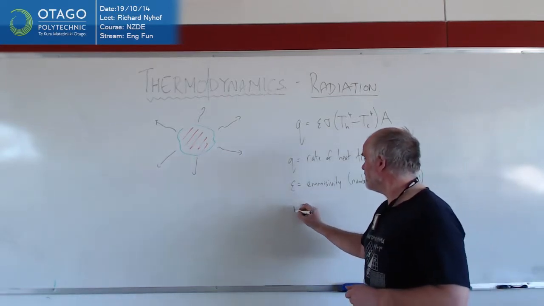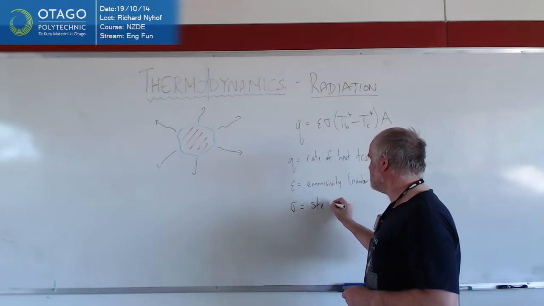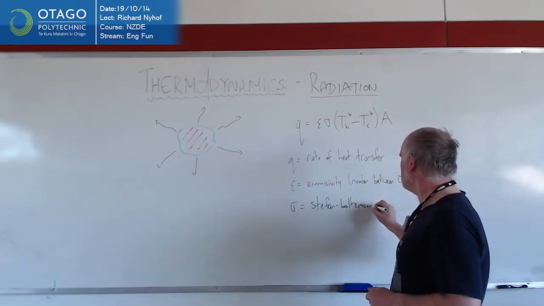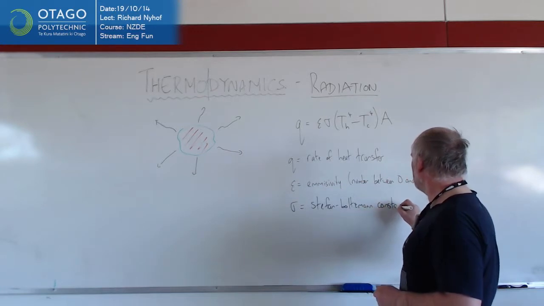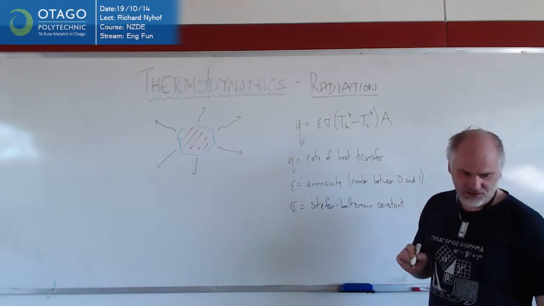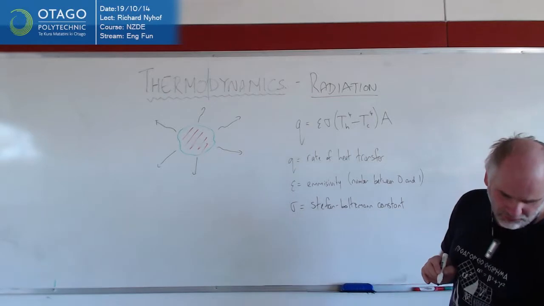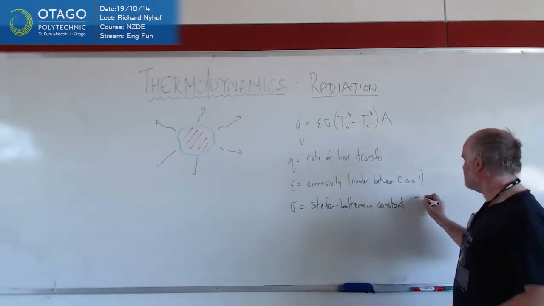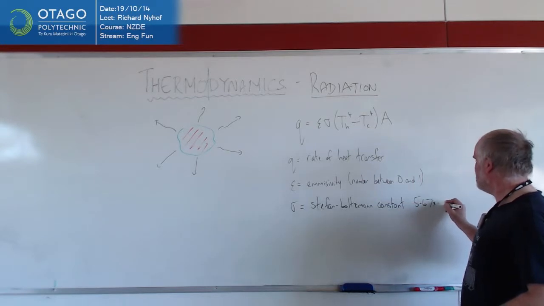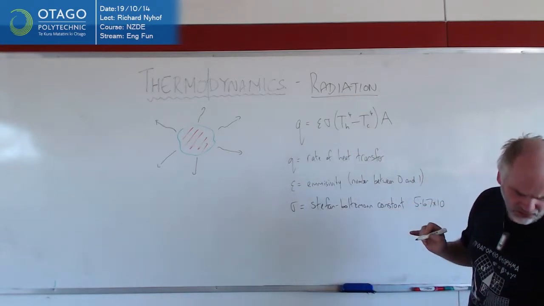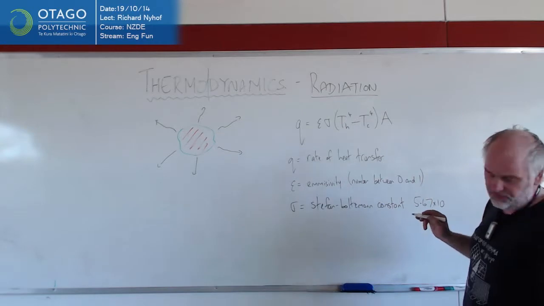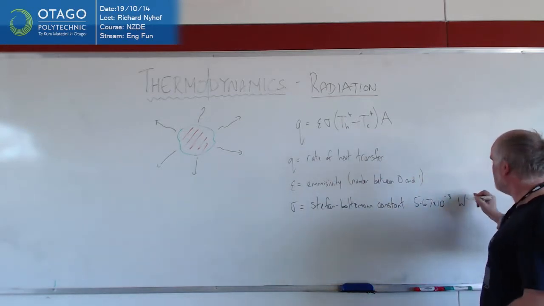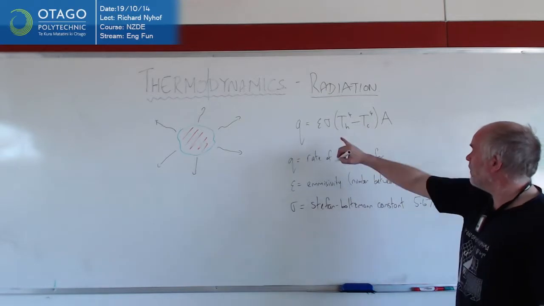Okay, sigma is what is known as the Stefan-Boltzmann constant, named after a couple of physicists, surprisingly named Stefan and Boltzmann, and it's just a number. It's about 5.67 times 10 to the power of negative 8. It's a small number, isn't it? And the units for that are going to be watts, because you want to end up in watts.